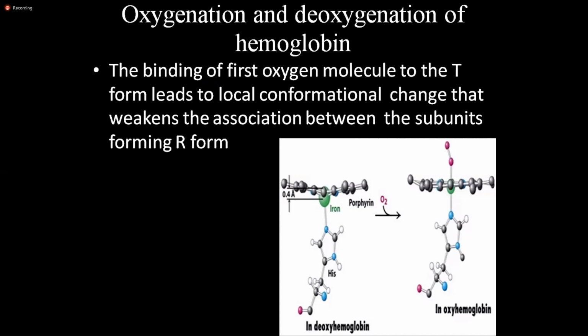Okay, let's see further. The binding of the first oxygen molecule to the T form, the tense form, leads to a local conformational change that weakens the association between the subunits forming the R form.